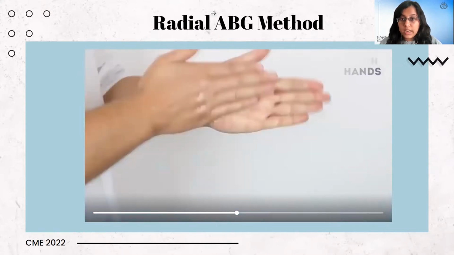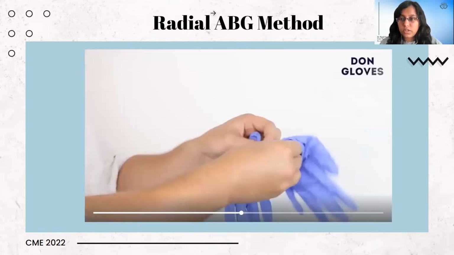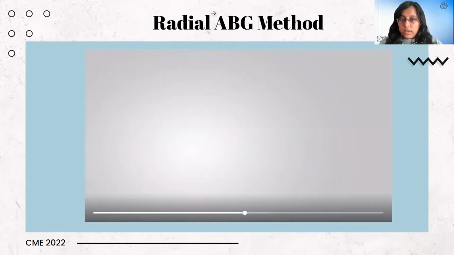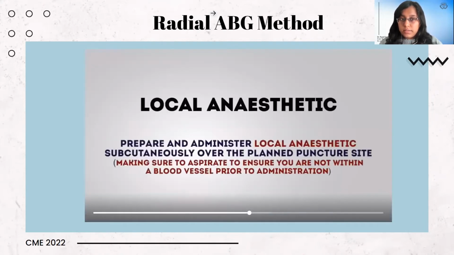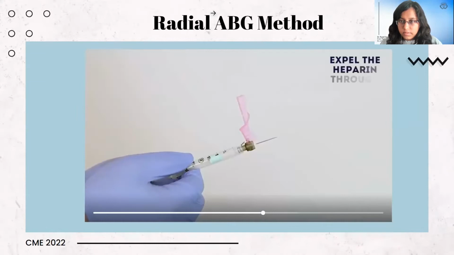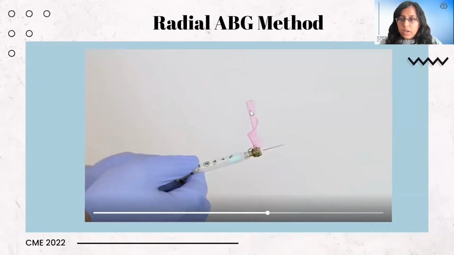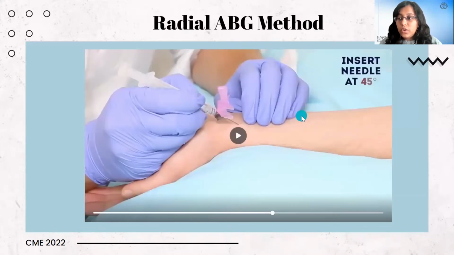They'll do sterilization, and then they'll give anesthesia. Now, this is a very important thing. In your needle, when you're doing an ABG, you have to make sure there's no residual heparin, because that heparin can give you false results.